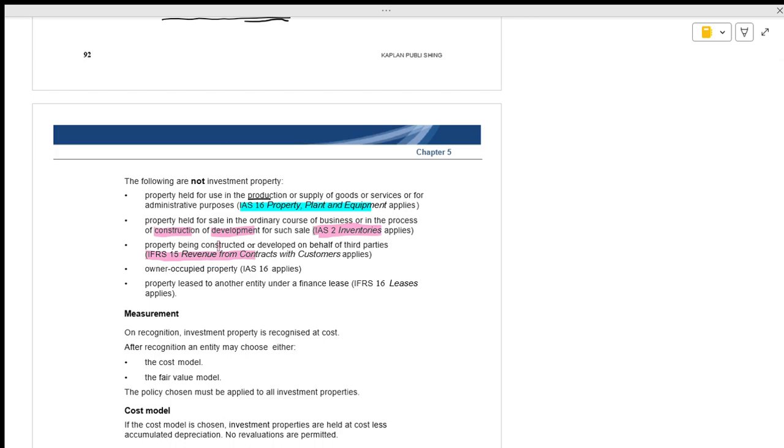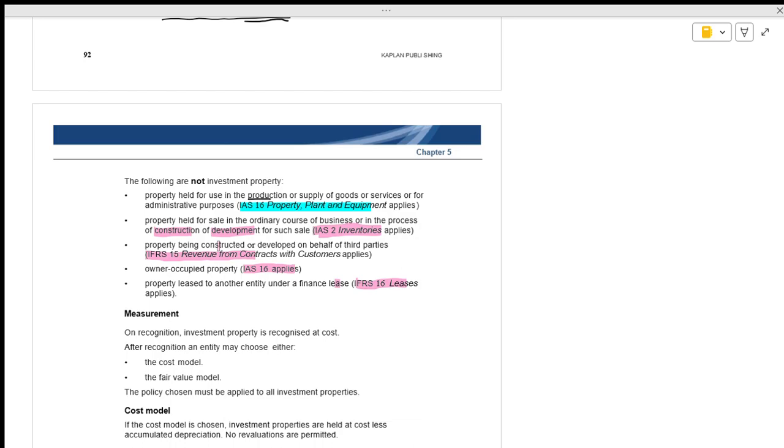These are not included in investment property. Owner-occupied properties come under IAS 16. We will do this again and again. Property leased to another entity under a finance lease comes under IFRS 16.